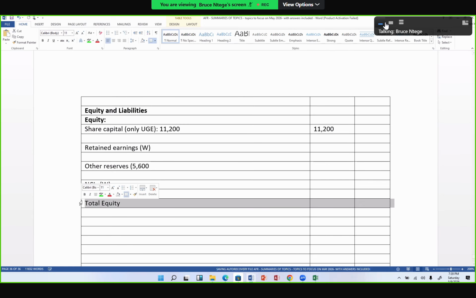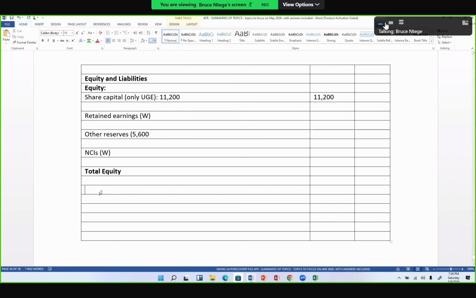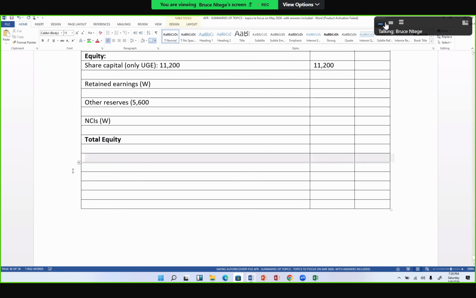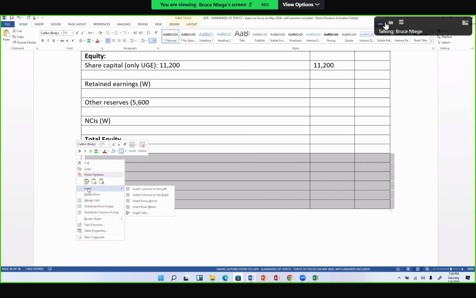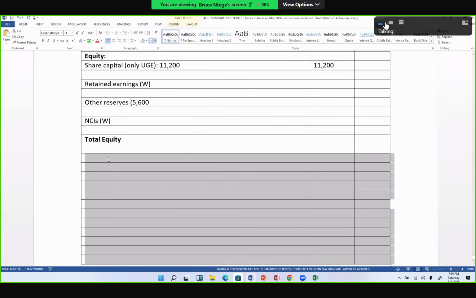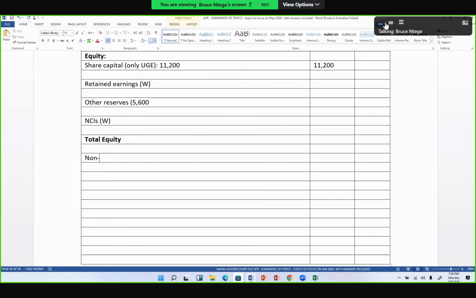Then we have our non-current liabilities. Let's put in more lines. Again, we shall go to the balance sheet and look at the layout of our non-current liabilities.